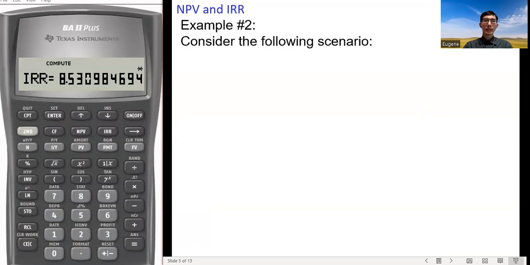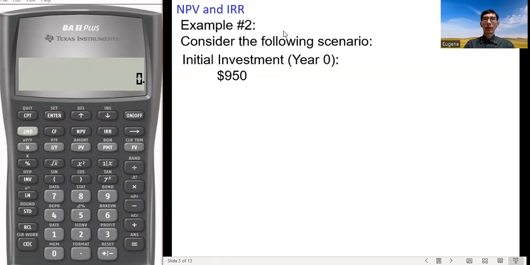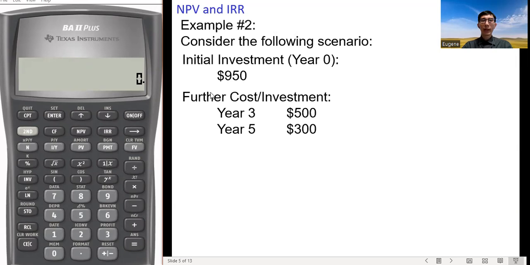Let's move on to the next example. Consider the following scenario. We have an initial investment of $950. And then there are further costs and additional investment. In year 3, $500, and year 5, $300.